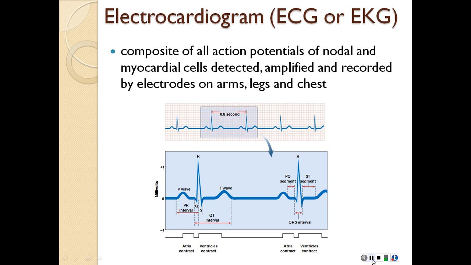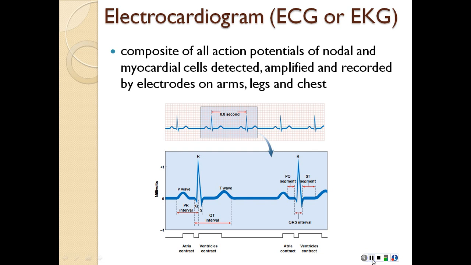So remember, action potentials occur in the AV node, the SA node, and the cells of the heart, the myocytes. So the electrocardiogram is a composite of all the action potentials of nodal and myocardial cells, amplified and recorded by electrodes that are placed on the arms, legs, and chest.